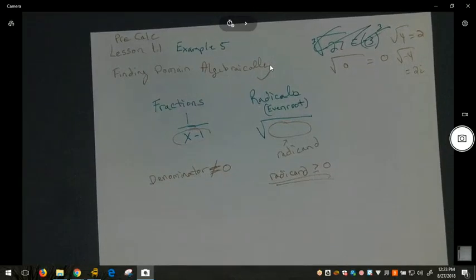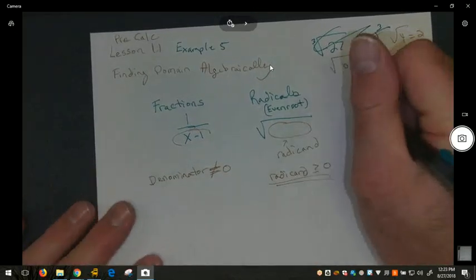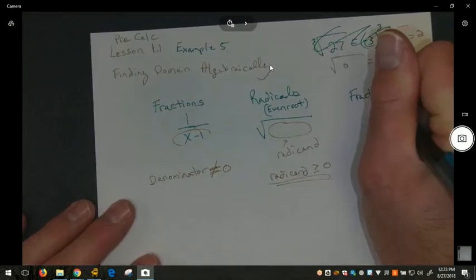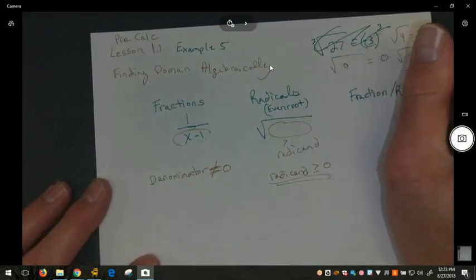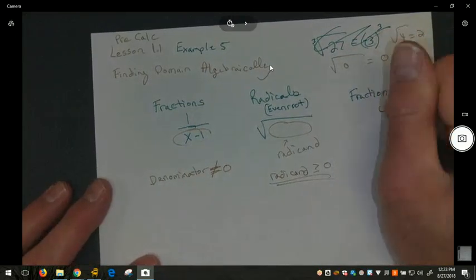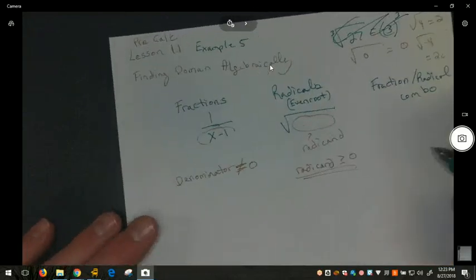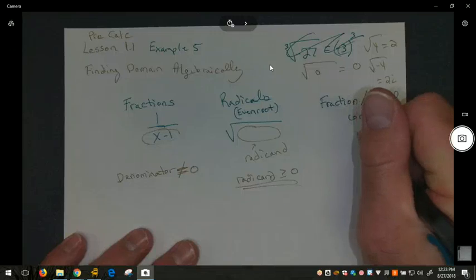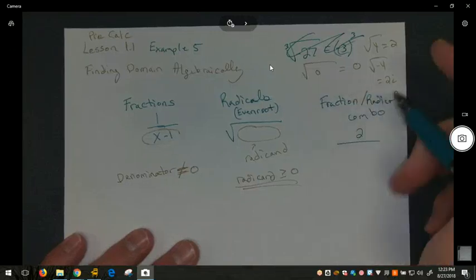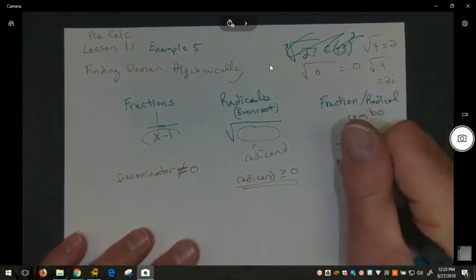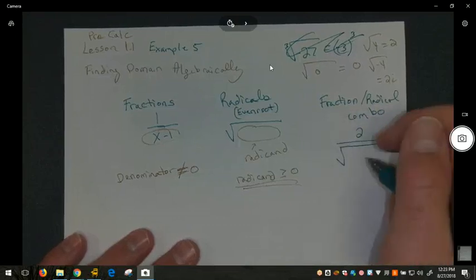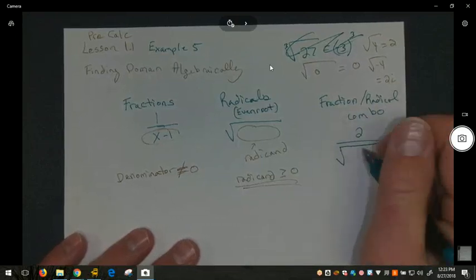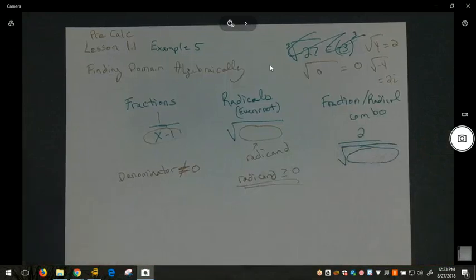And then the third one is a combination of these. Fraction radical combo. So I actually have an expression, doesn't matter what polynomial expression or just number that I have in the numerator, but I have some expression down here that involves a radical, and the radical is in the denominator.